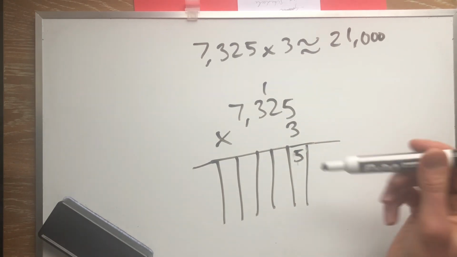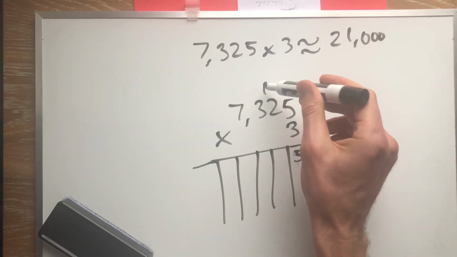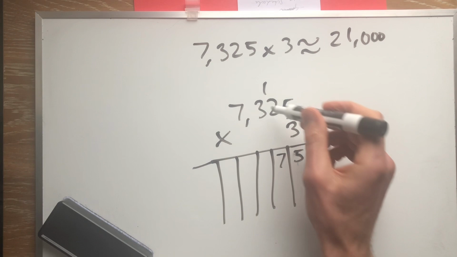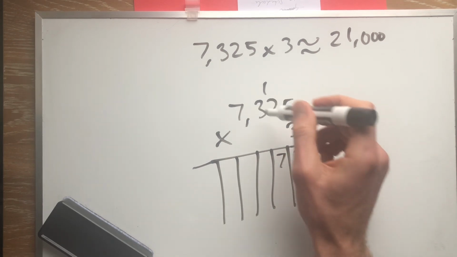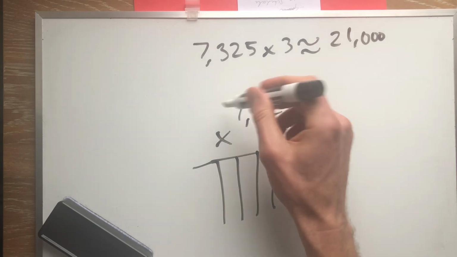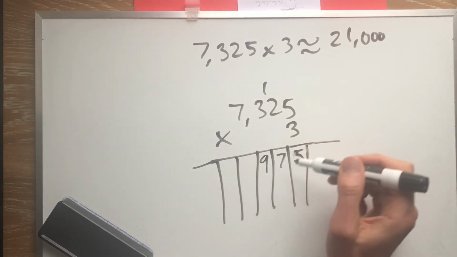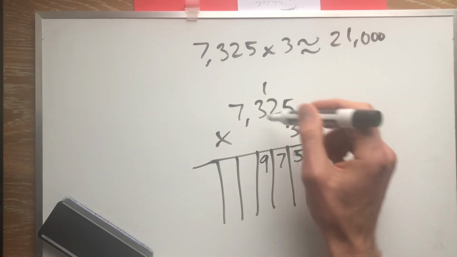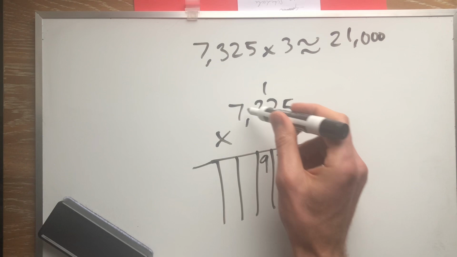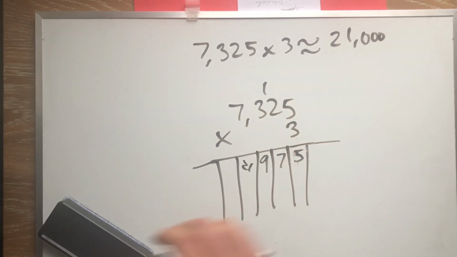Now we're going to multiply the 3 times the 2 tens. 3 times 2 is 6. Don't forget about the 1. It's 7. Now 3 times the 300s. What's 3 times 3? 9. These are easy. We don't have to spill over and put anything in the attic, do we? That's just 9. And now 3 times the thousands. What's 3 times 7? 21. We don't squeeze 21 in there like that.